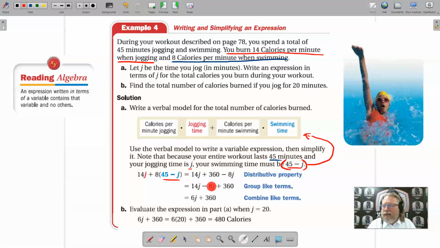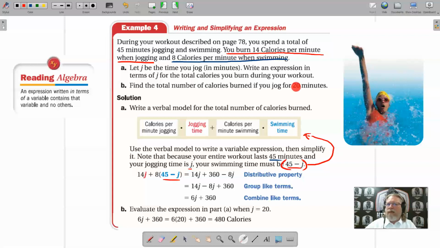Now 14 minus 8 is 6. 6 what? The J has to go along for the ride. We're combining like terms here. They're both in terms of J, so we can combine those to 6J and then bring down the 360, and we end up with an expression that uses our jogging time to express the number of calories that we burned.